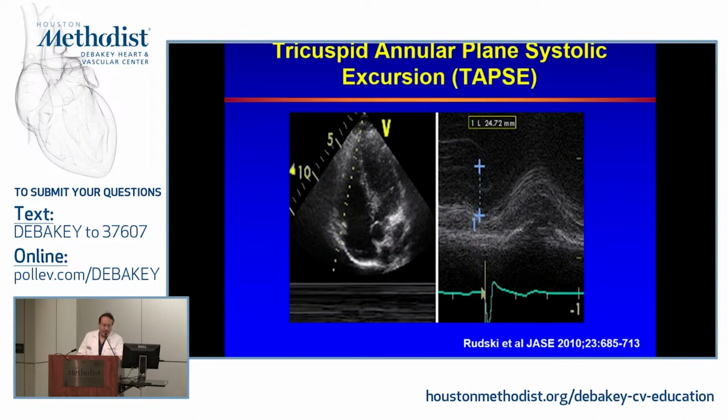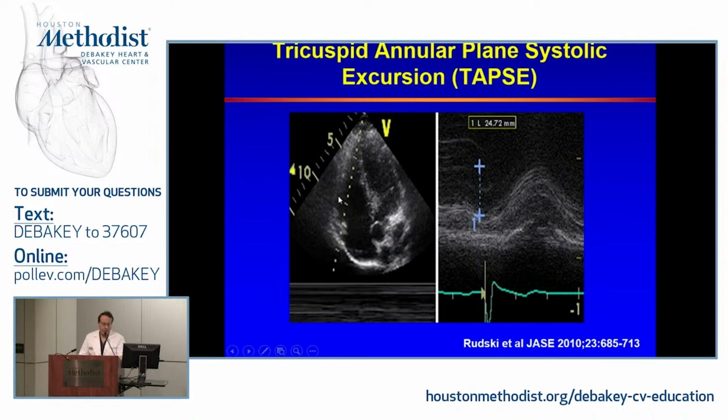What is recommended in the guidelines and what has been used in clinical research is the tricuspid annular plane systolic excursion, or TAPSE, which you can get with M-mode as you see here. TAPSE is an easy signal to acquire and to measure. However, it has its limitations. One, it is at the level of the tricuspid annulus.